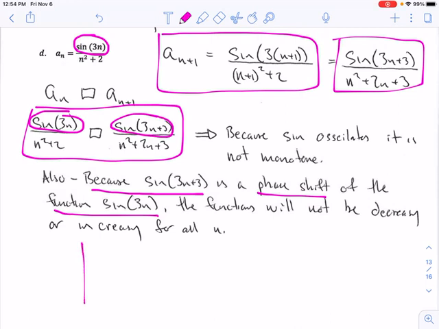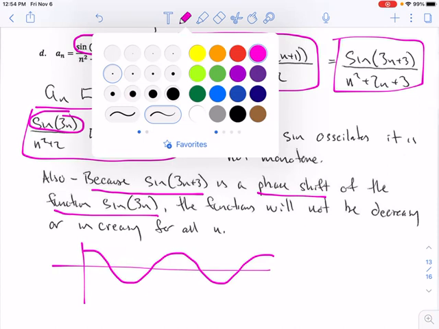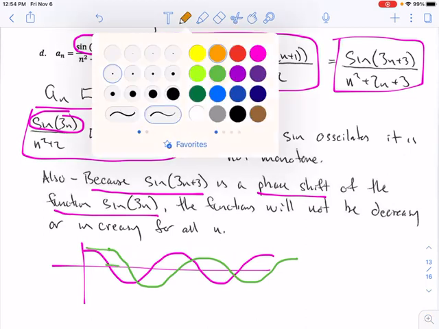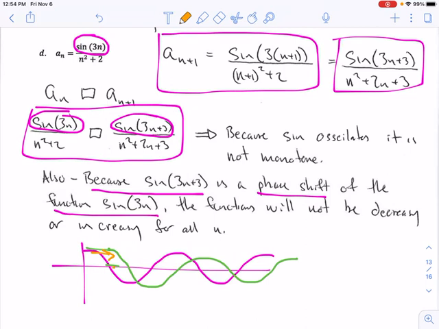And by a phase shift, what I mean is if this is the cosine of 3n, then a phase shift simply means that we're kind of shifted off to the side. You take every point and move it. Let me do that in a different color. Take every point and move it to the left. That's a phase shift you will remember from pre-calculus or trigonometry.